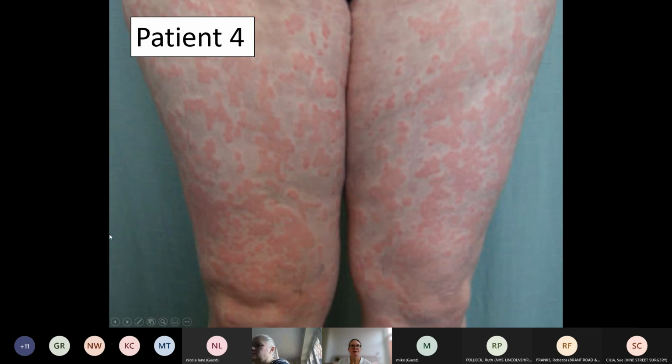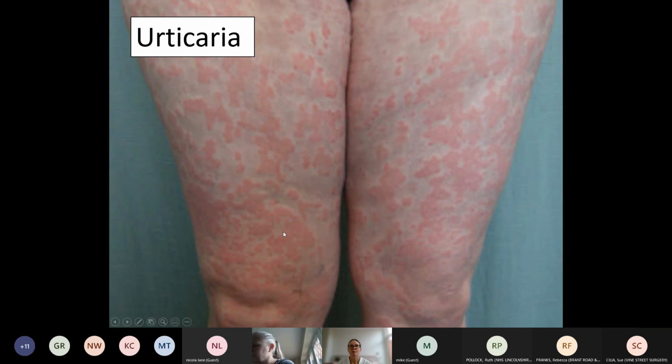So what do we think this one is? Speak or type? Urticaria, absolutely. So yes, lots of people have typed urticaria, and absolutely that's the diagnosis here. And hives is a colloquial term which means urticaria.